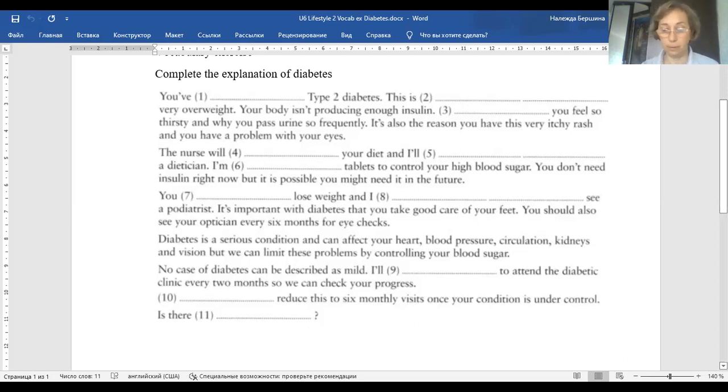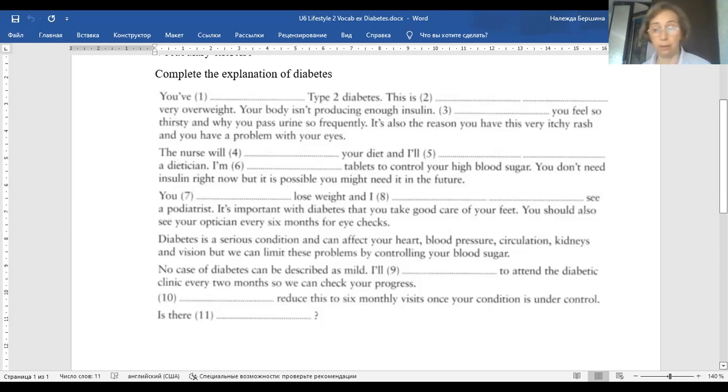Insulin sensitive. You have insulin sensitive type 2 diabetes, right? Right. Okay, so if we use "have" as the main verb, we don't contract it.